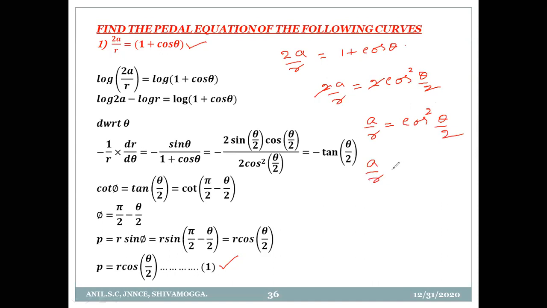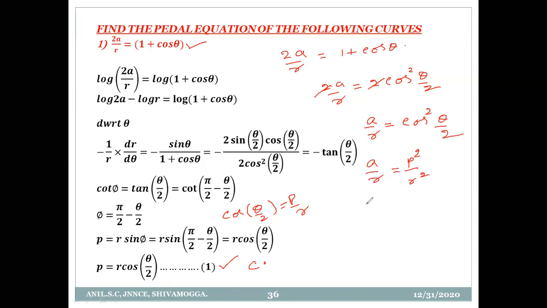Therefore, a by r is equal to cos square theta by 2. From equation number 1, cos theta by 2 is equal to p by r. Therefore, cos square theta by 2 is equal to p square by r square. From equation numbers 1 and 2, we obtain this expression.